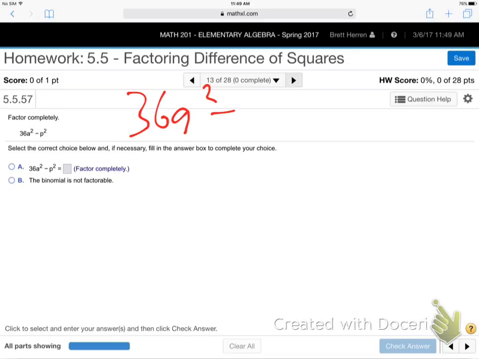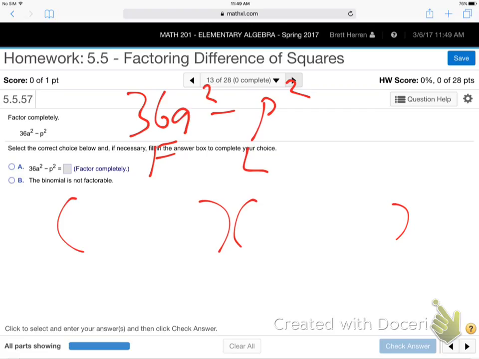So 36a squared minus p squared. So FL again, right? 2 terms. We always do FL. 3 terms we do FOIL. 2 terms we do FL. So FL. Front times front to be 36a squared.